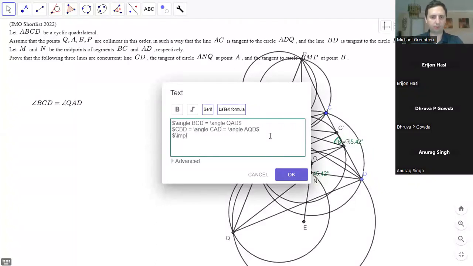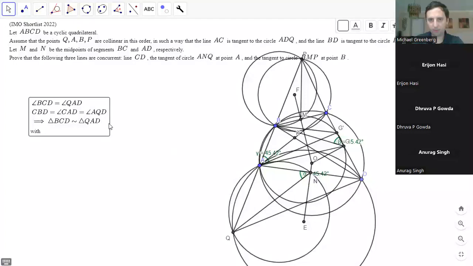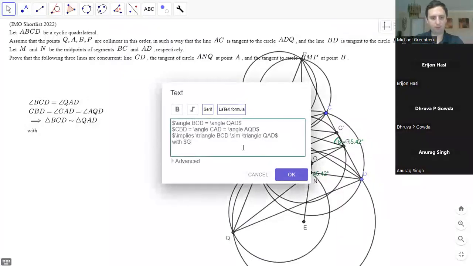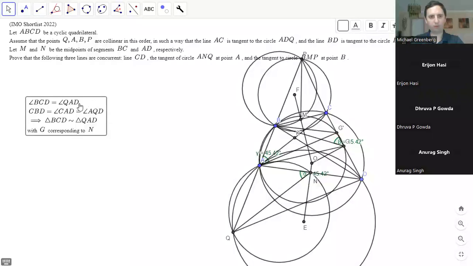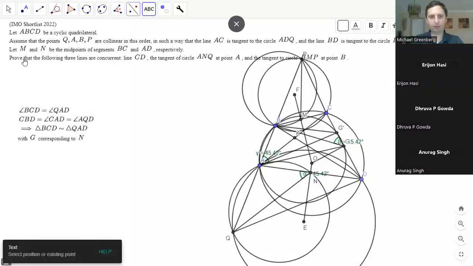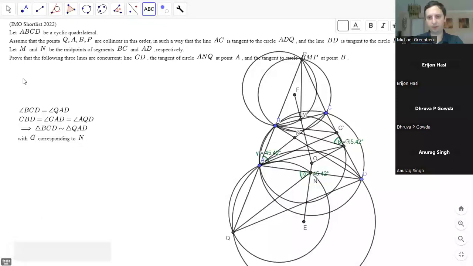And that implies that the triangles are similar, with G corresponding to N. Okay, so let me say, let G be the midpoint of CD.